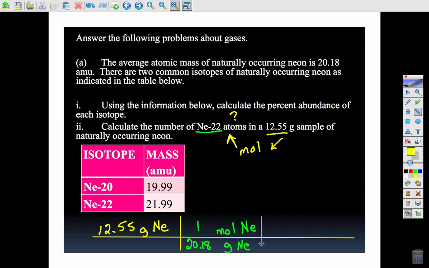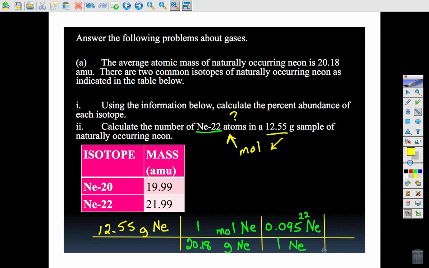So that means I have to find my neon 22 from this, and our fractional abundance told us that we have 0.095 neon 22, we put that 22 in the upper left, for every 1 neon.